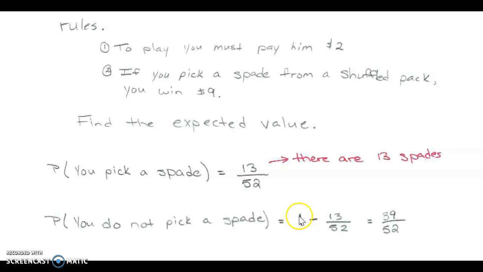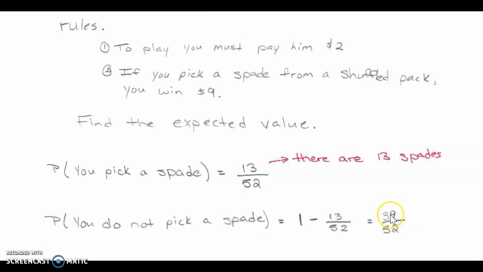Remember when you looked at probability, it goes from 0 to 1, 1 being it certainly will happen, 0 being it will never happen. I'm using my 1 as my total, minus the probability that I will pick a spade, to give me the probability that I will not pick a spade. So 39 out of 52 chances I will not pick a spade.